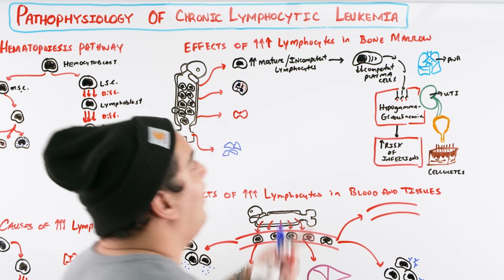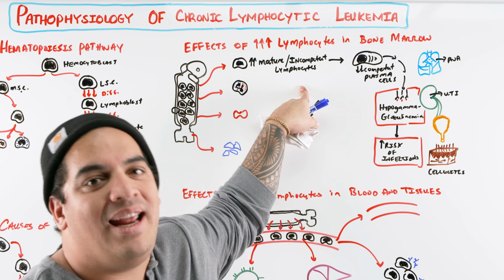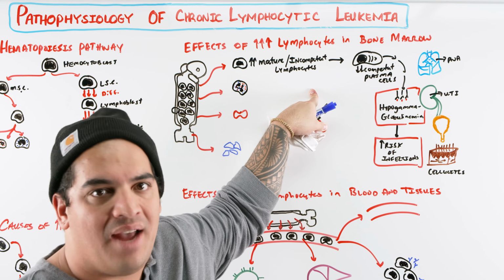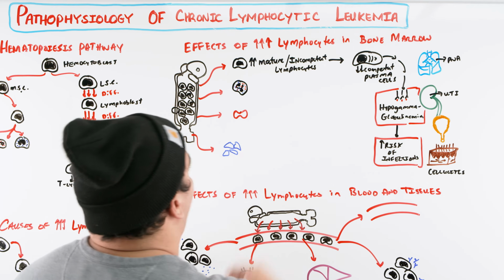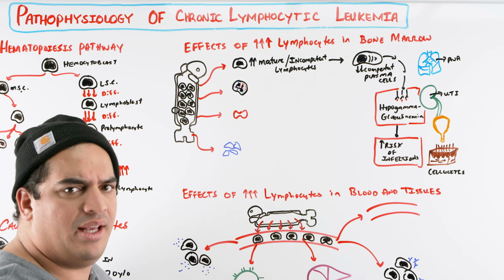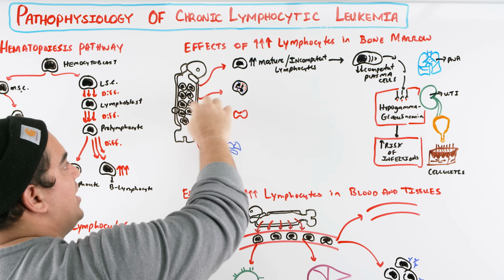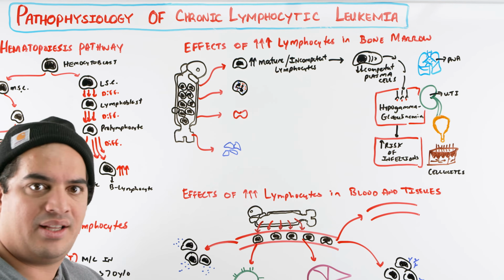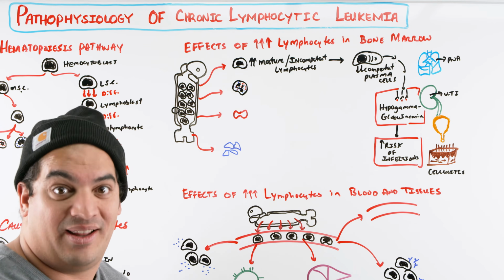You will make a lot of these lymphocytes and they will look mature, but they may not be as competent and functional as normally produced lymphocytes. And that's the important thing to remember. The other thing to remember is that, just like in acute leukemias, when you have all of these lymphocytes being produced, they start crowding out the bone marrow a little bit. Not as much as compared to a patient who has CML, who doesn't really crowd out the bone marrow until they get into the accelerated or blast phase.